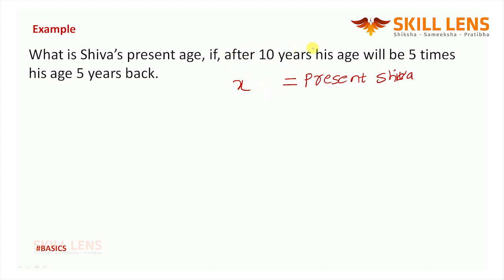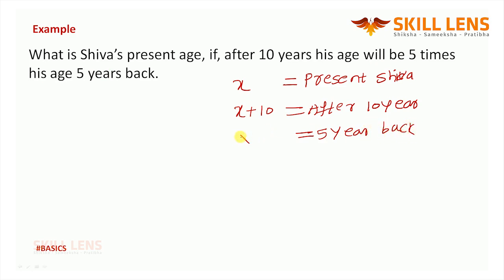After 10 years, can I say, after 10 years? Now he is 20, after 10 years, 20 plus 10. So that is nothing but x plus 10, which equals 5 times his age 5 years back. So 5 years back, what is his age? x minus 5.